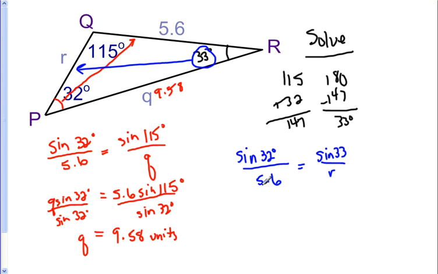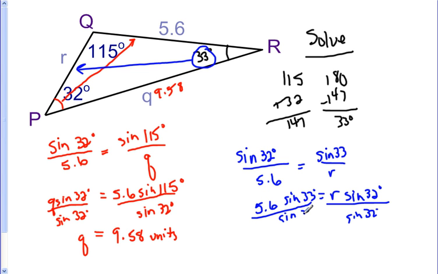So let's cross multiply and solve it. 5.6 times sine of 33 equals r times sine of 32, divided by sine of 32, and we'll get our answer.